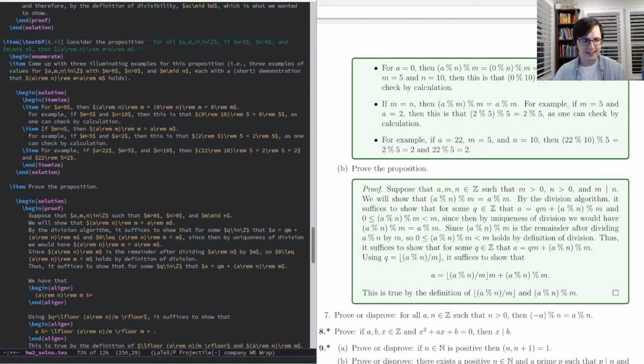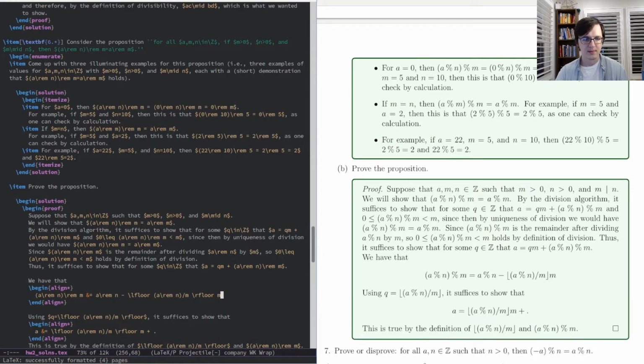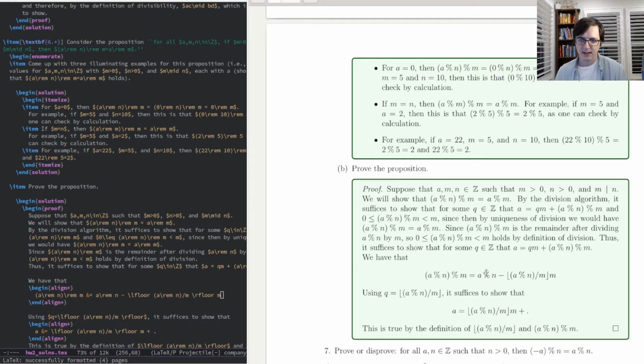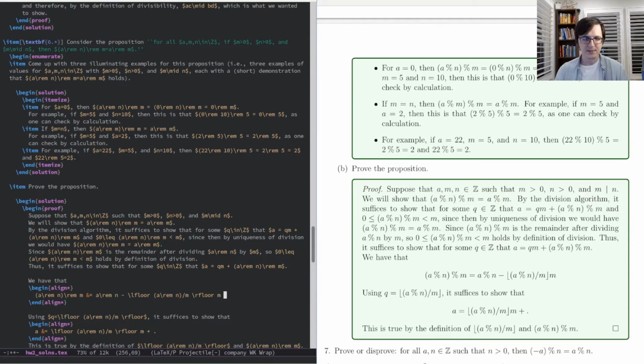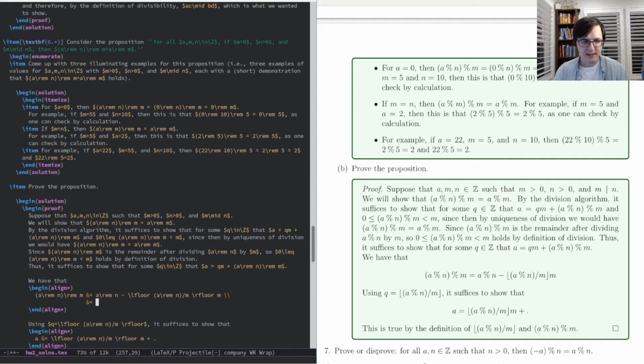We have that this remainder, by definition, is this floor expression times m, and subtracting that from a remainder n, right? Okay, we got that. And then that expression, the remainder, that's right there.